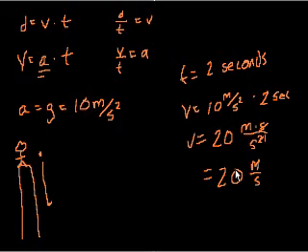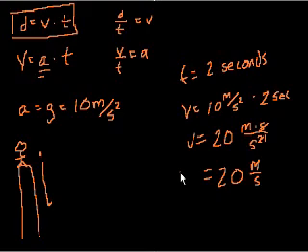Now let me ask you a slightly more difficult problem that might not have been obvious to you. After 2 seconds, how far has the penny gone? Well, this is interesting. So we have this formula here. Distance is equal to velocity times time, right? But the velocity is changing the entire time. We know after 2 seconds the velocity is 20 meters per second, right?